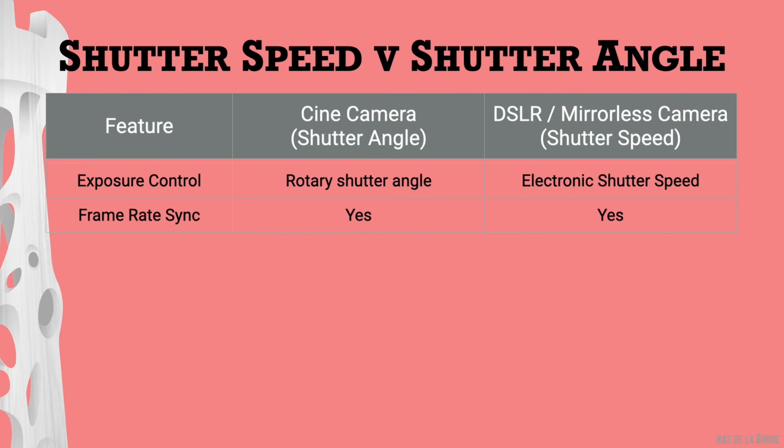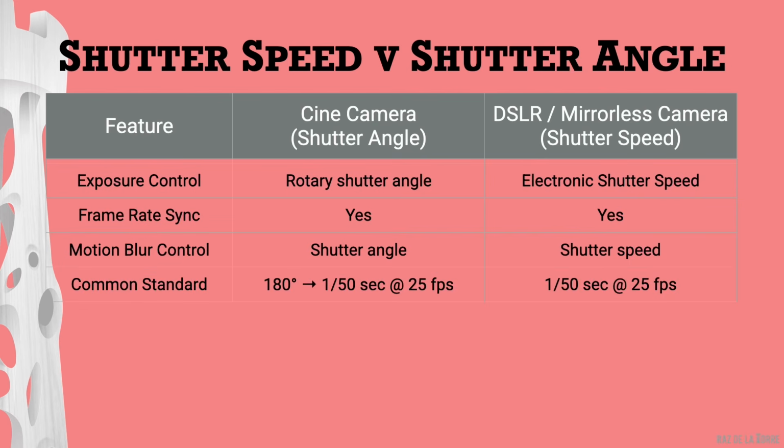In cine cameras, motion blur is shaped by the shutter angle. In DSLRs, it's still shaped by shutter speed. That's why we follow the 180-degree shutter rule in video. Shutter speed is equal to 1 over twice the frame rate, or frames per second.